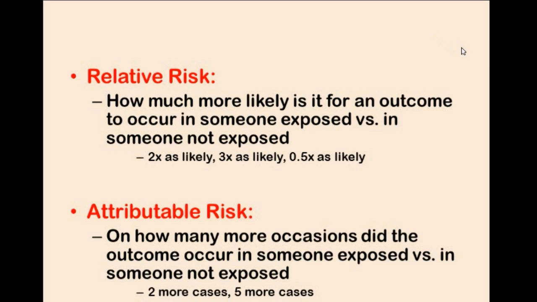Therefore, our attributable risk would be 60 cases. In other words, we can attribute those 60 cases of lung cancer to the risk factor, or to the exposure, which would be smoking in this case.